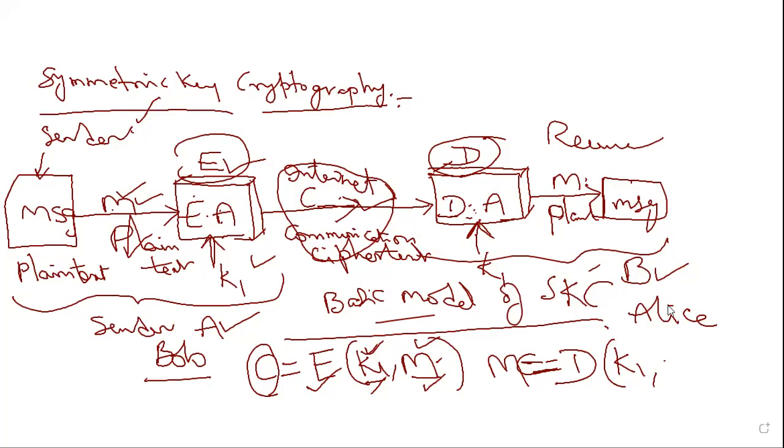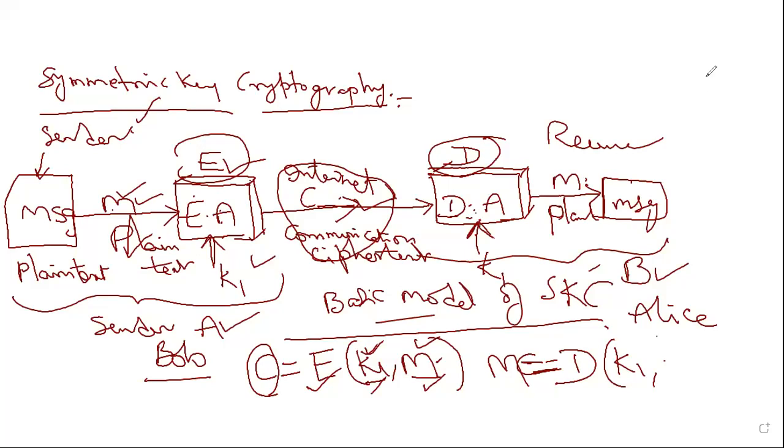To decrypt or restore the original message, he is using decryption algorithm, and with the help of the key, we can convert ciphertext into plain text. So ciphertext is represented as C, and with the help of key K1, the receiver decrypts the message, and we can restore the original message here.